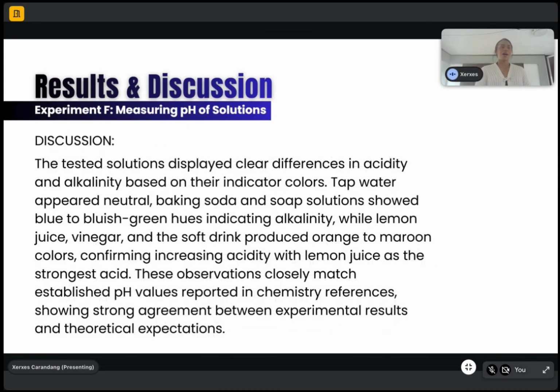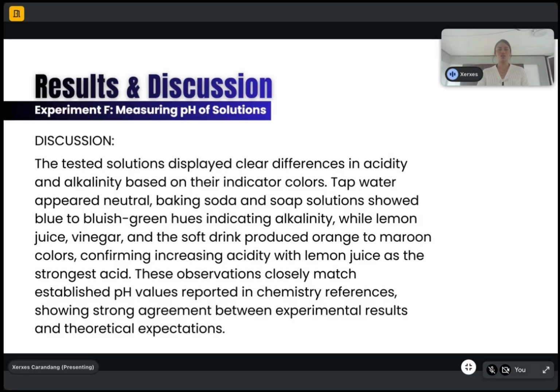Results. The tested solutions displayed clear differences in acidity and alkalinity based on their indicator colors. Tap water appeared neutral. Baking soda and soap solutions showed blue to bluish-green hues indicating alkalinity, while lemon juice, vinegar, and the soft drink produced orange to maroon colors, confirming increasing acidity with lemon juice as the strongest acid.